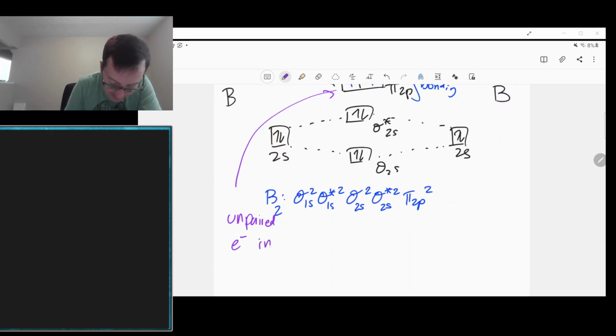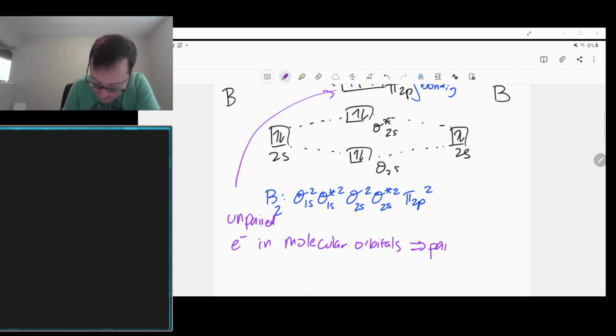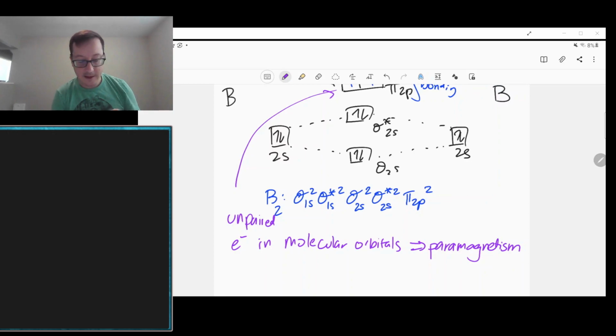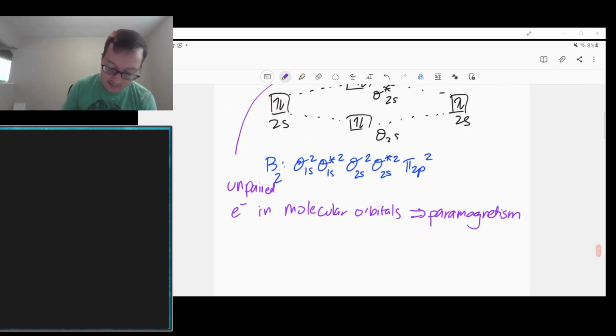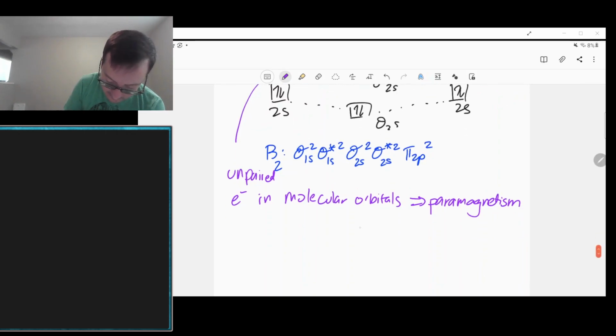Unpaired electrons in molecular orbitals lead to something called paramagnetism. We're going to see that B2 diboron will be paramagnetic, which means it is going to be affected by magnetic fields.